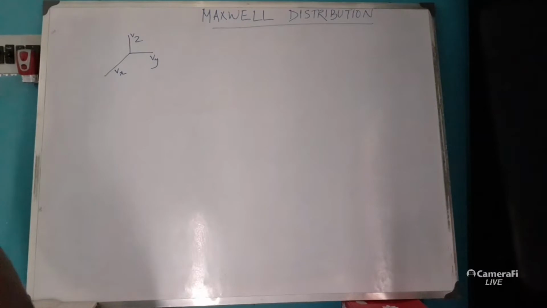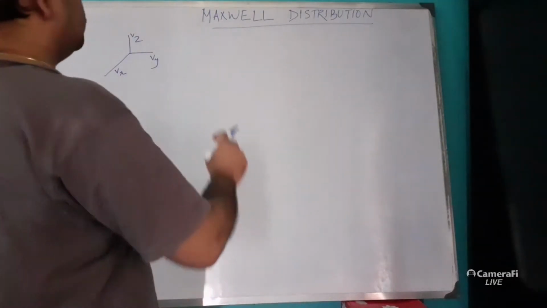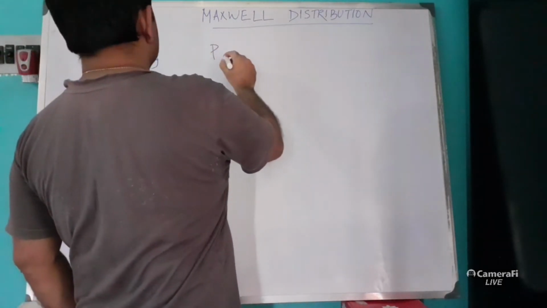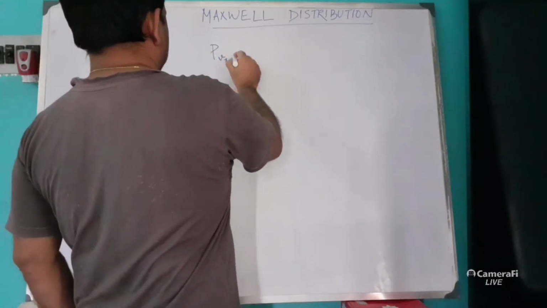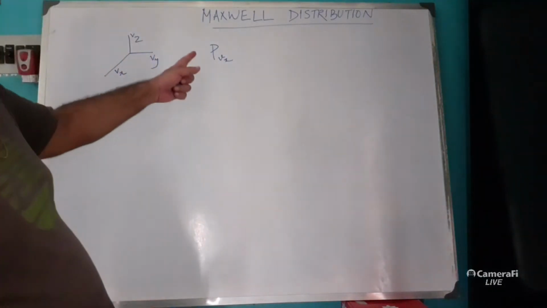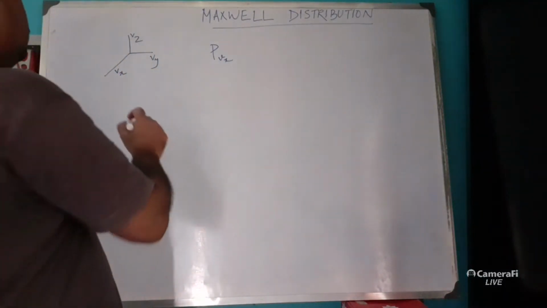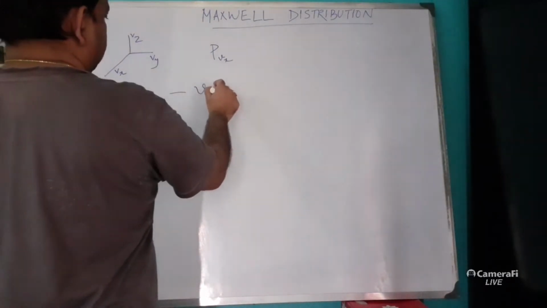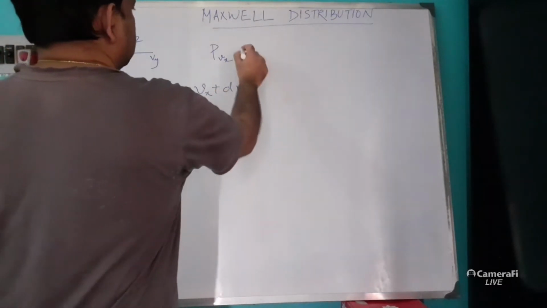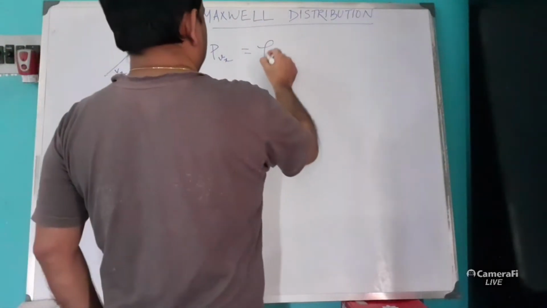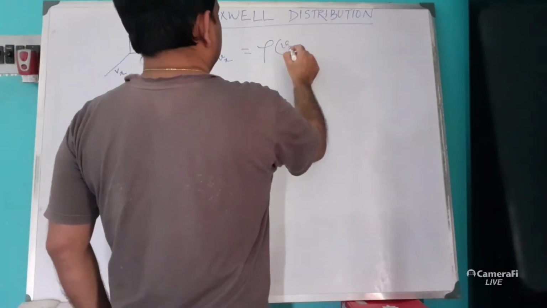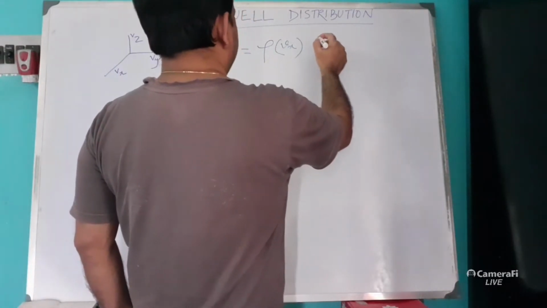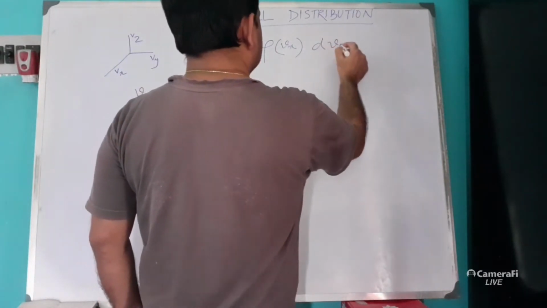So the first consideration that comes from James Clerk Maxwell is that the probability of finding a particle with velocity Vx in the velocity range Vx to Vx plus dvx is equal to phi(vx) dvx.